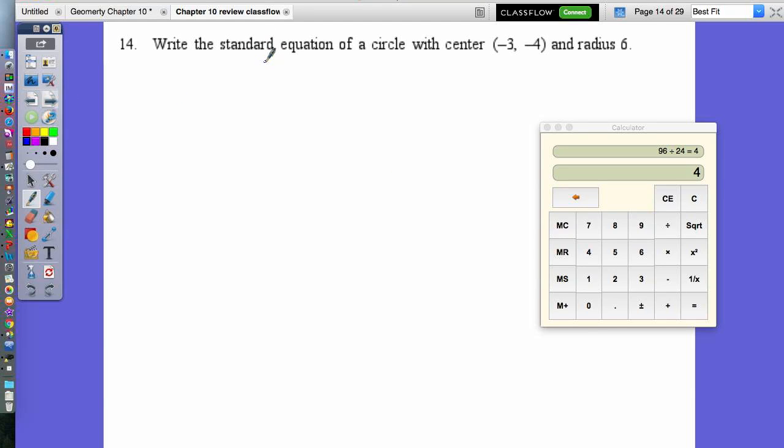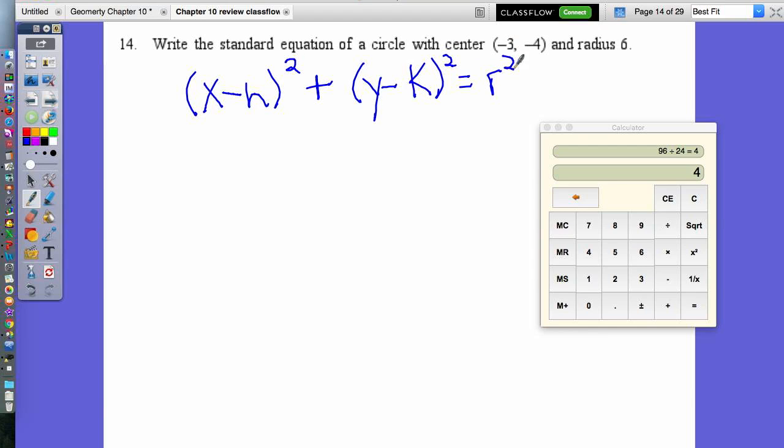Write the standard form of equation of a circle with this center and this radius. So once again, you have to remember x minus h, quantity squared, plus y minus k, quantity squared, equals radius squared. X minus negative 3 is x plus 3.